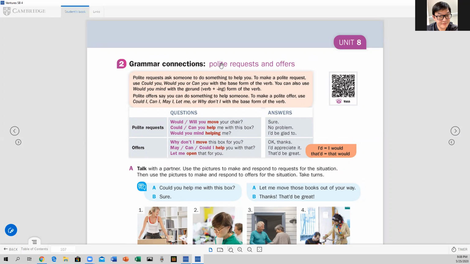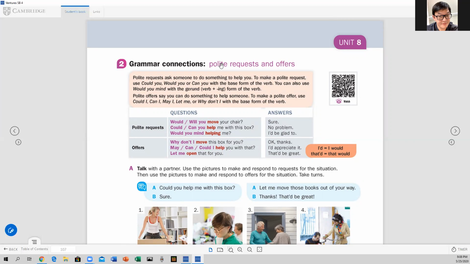We learned this before when we were doing Unit 2. We learned a little bit about how to make a request, how to ask for permission, and this grammar connection is expanding a little bit, so it won't be difficult for you to understand.